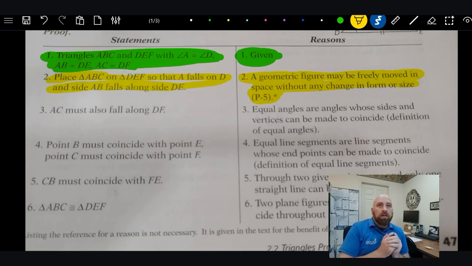Now, I'm going to let you do something here. If you want to just put Postulate 5, this is the only one I'm really going to let you get away with. Because there's one more, but this one is the one. If we use Postulate 5 so much, if you just write P5, I'm going to know what you mean. Don't write P1, don't write P2, write it out, okay?